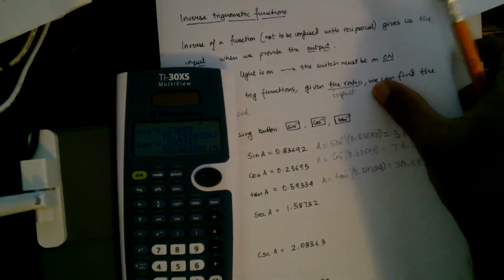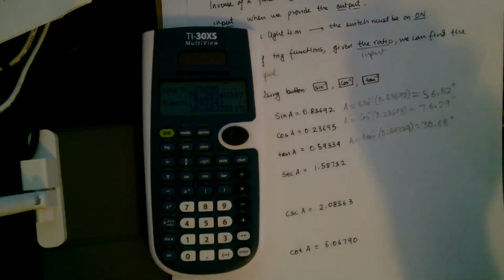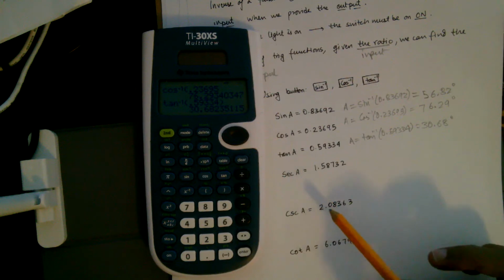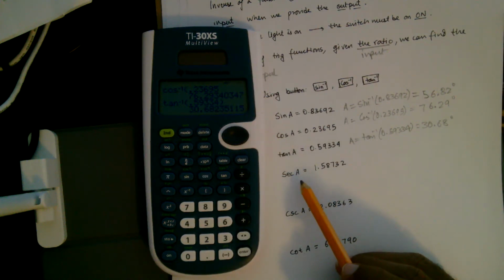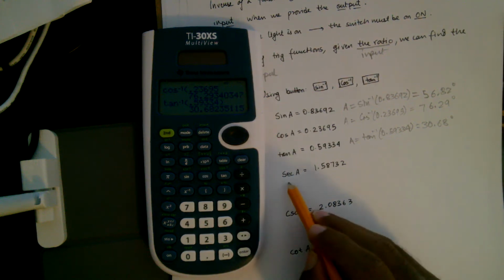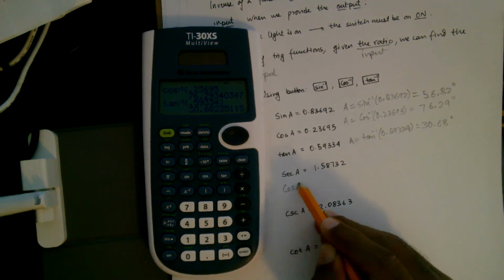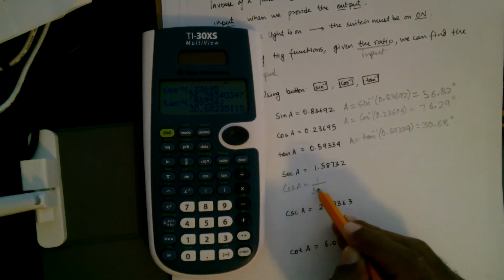Now recall how we had a separate procedure for secant, cosecant, and cotangent. The same goes for inverse as well, again because we don't have these buttons on the calculator. In this case, when you're finding the angle, we're going to go from secant to cosine, recalling that cosine is 1 over secant.